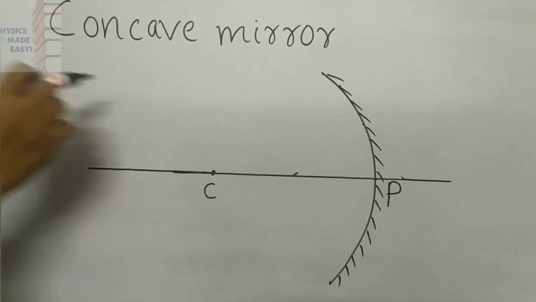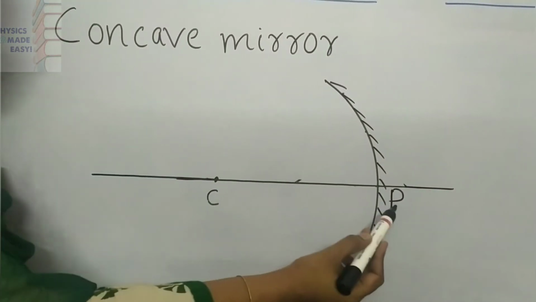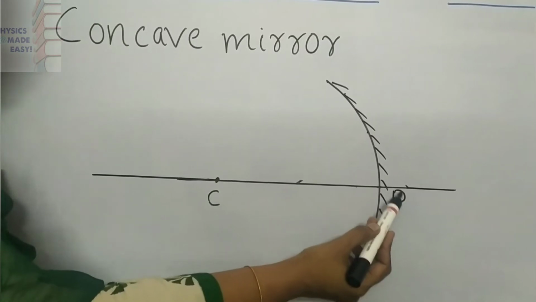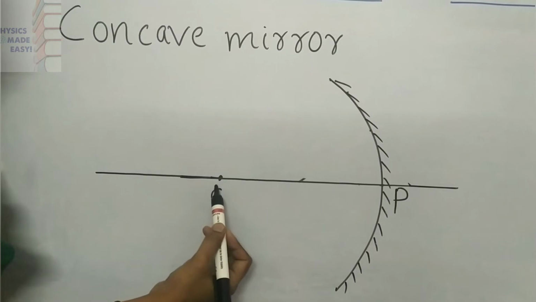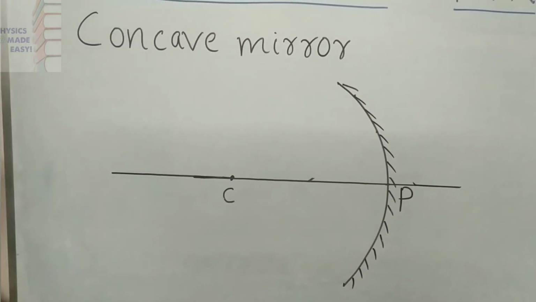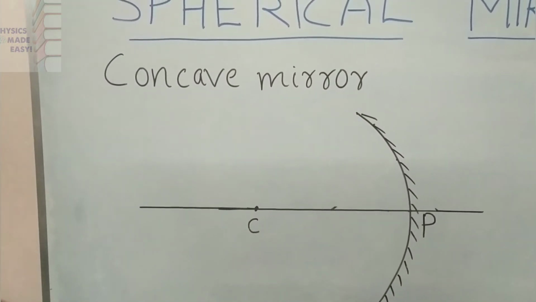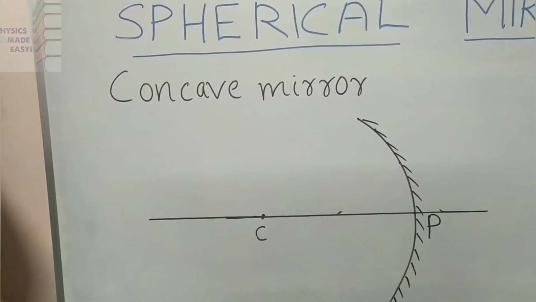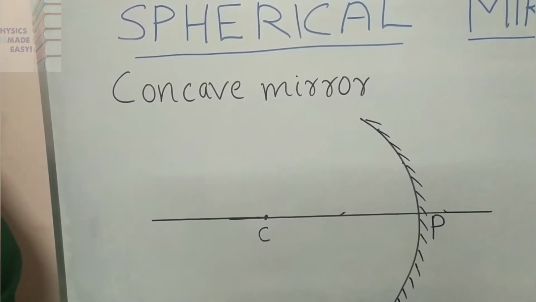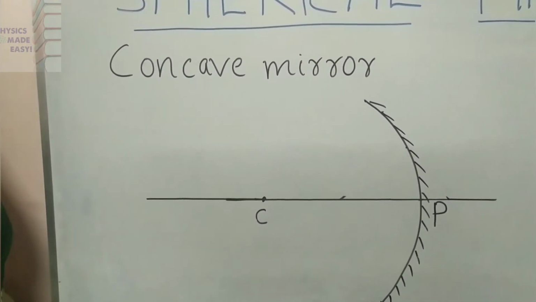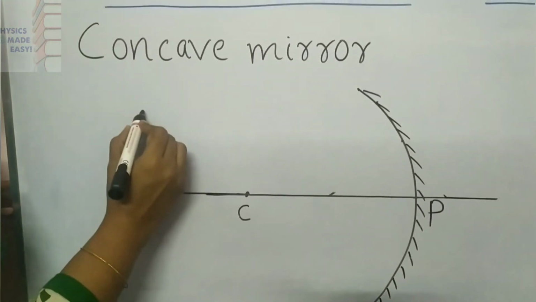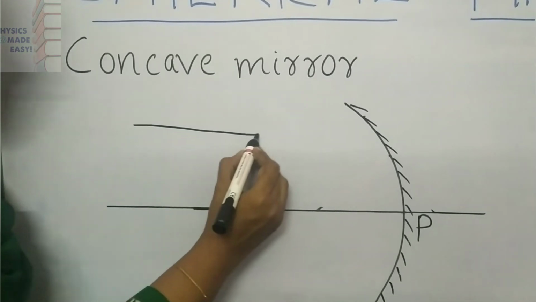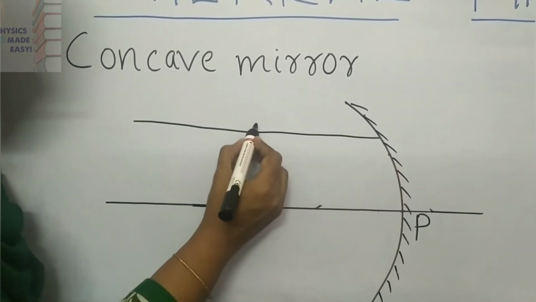You can see one concave mirror here, P is the center of the mirror, which we call the pole, and here you can see the center of curvature. Here we consider the object to be at infinity. We can consider the sun as the object. If the object is at infinity, the rays will be parallel. So consider a ray parallel to the principal axis.